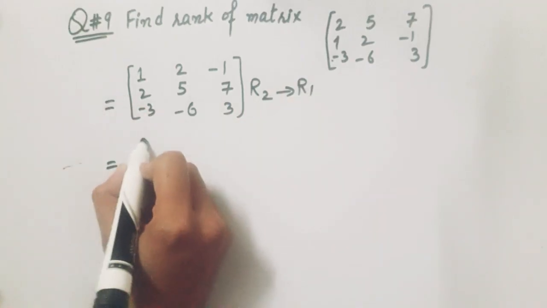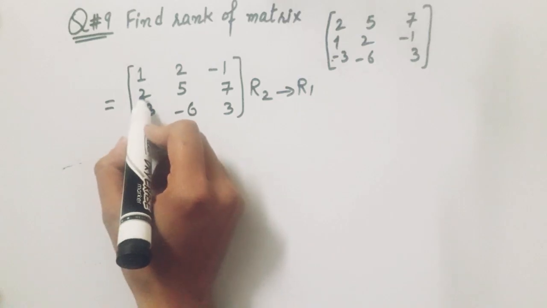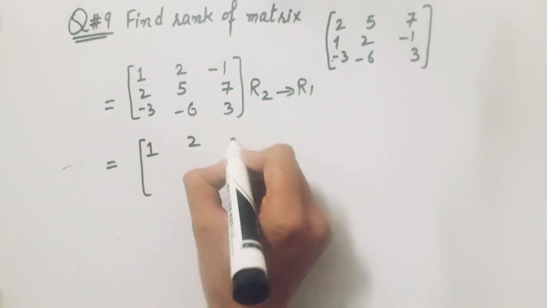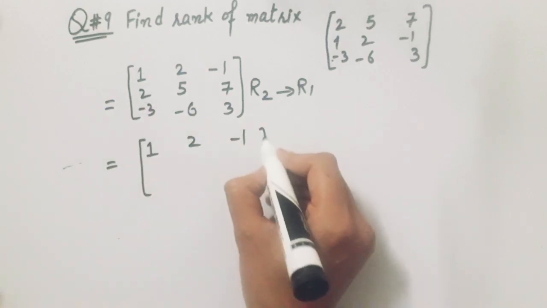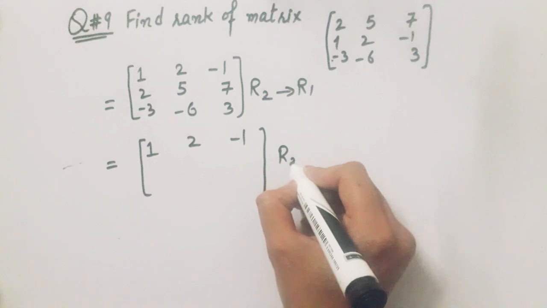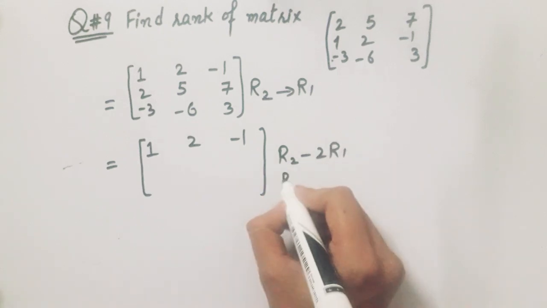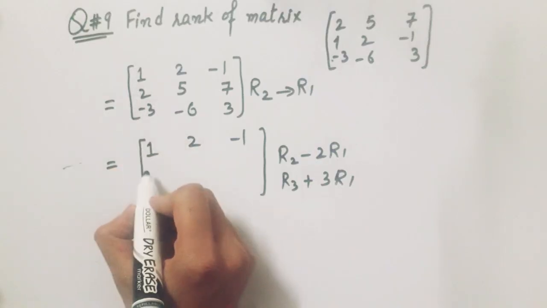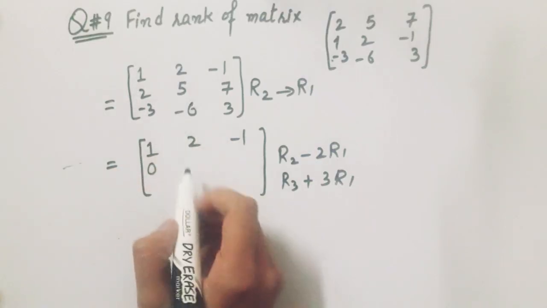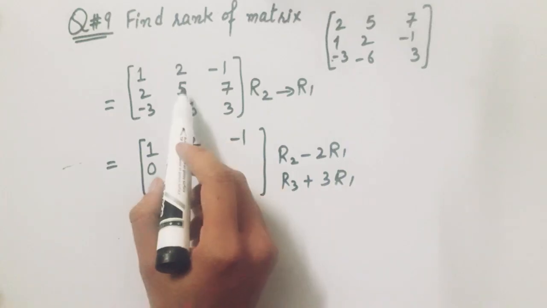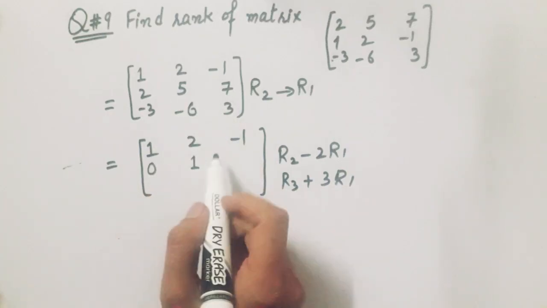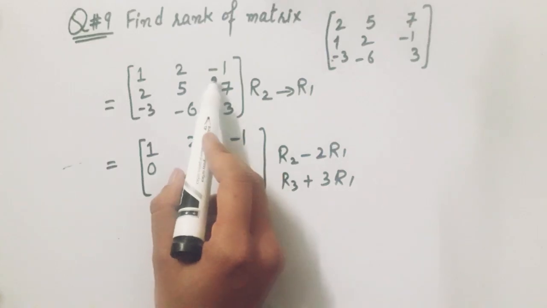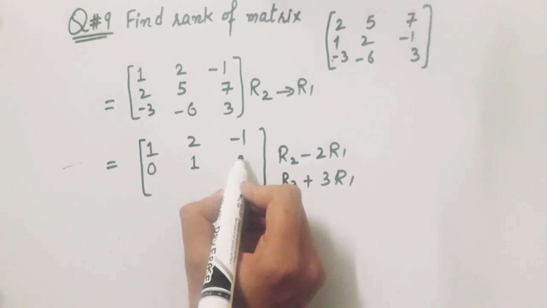Now in the next step, we will make this 2 and minus 3 equal to 0. For this purpose, you will write 1, 2, minus 1 and you will do R2 minus 2R1 and R3 plus 3R1. So 2 minus 2 is 0. 5 minus 4 is 1 and 7 minus 2 times minus 1, that is 7 plus 2, is 9.